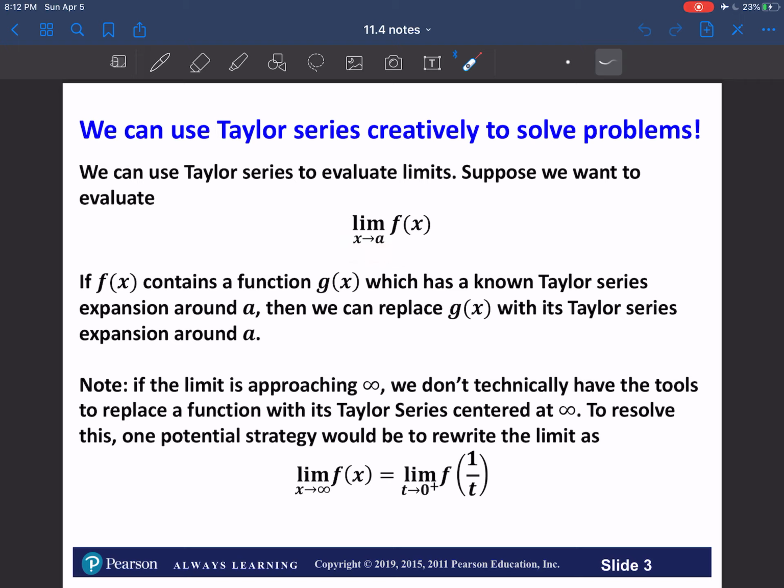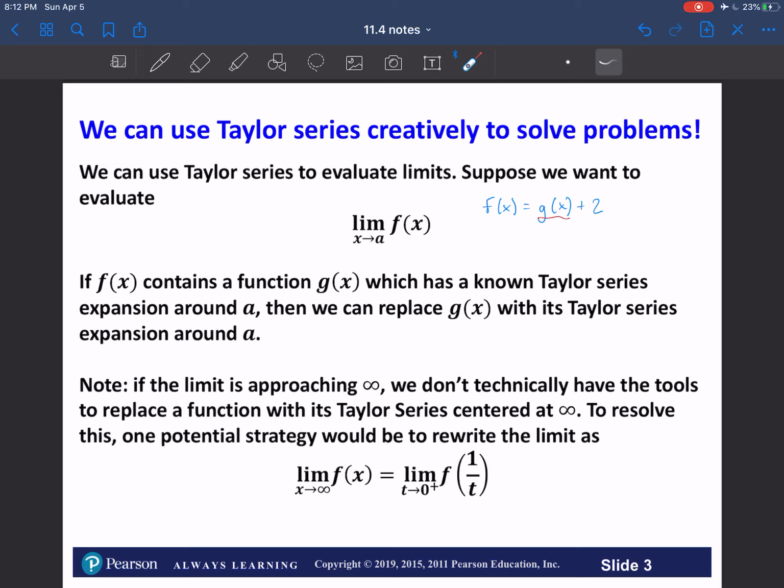If f of x contains another function, g of x, which has a known Taylor series expansion around a, specifically around this number here, then we can replace g of x with its Taylor series expansion around a. So for example, if f of x was something like f of x equals g of x plus 2, then we would replace g of x with its Taylor series expansion.